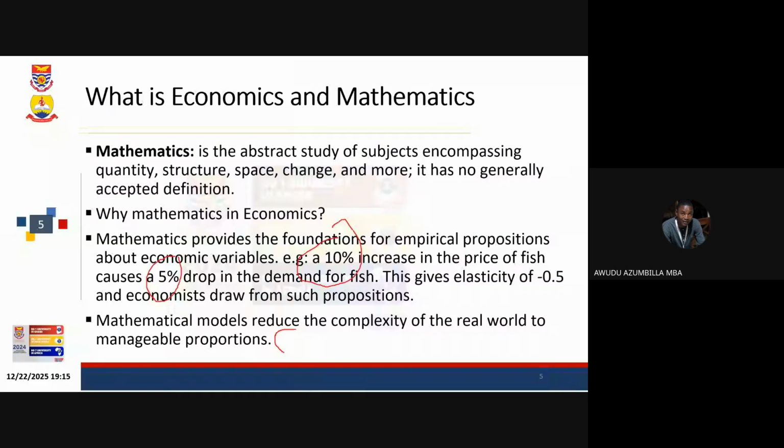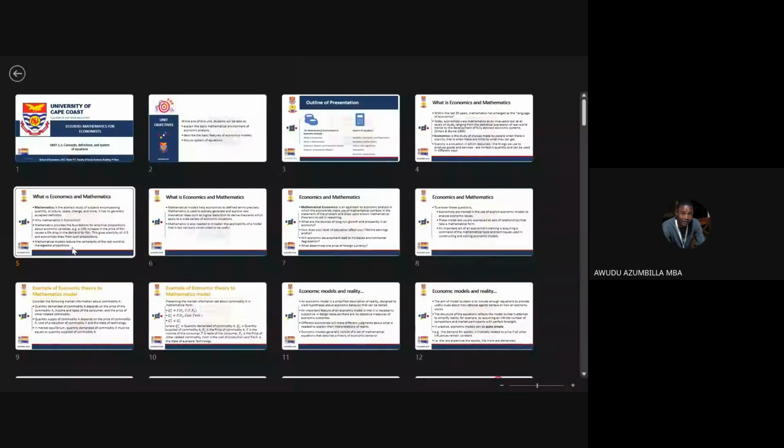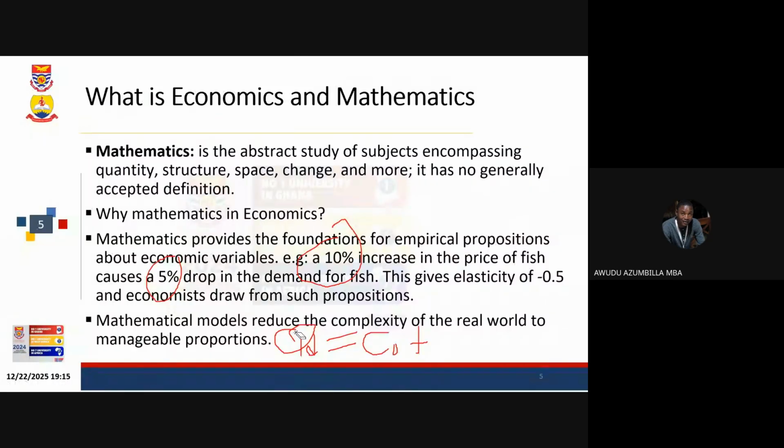Now, we can use a simple mathematical equation. For example, we can say quantity demanded QD, the quantity demanded of a good, is equal to a certain constant, A0, then minus BP.